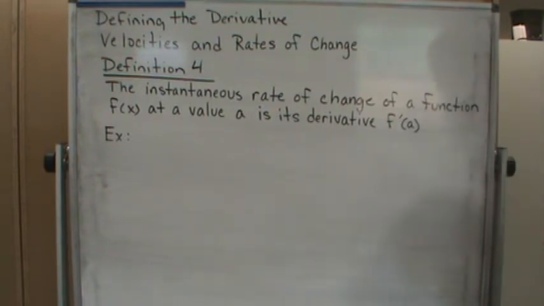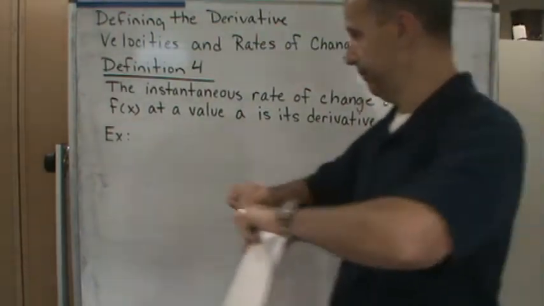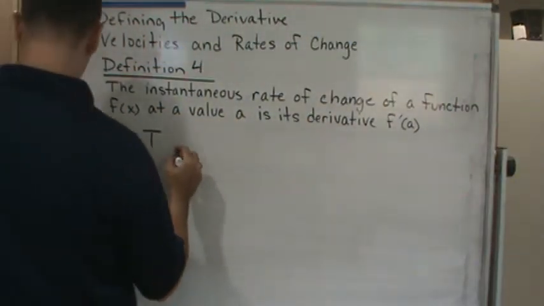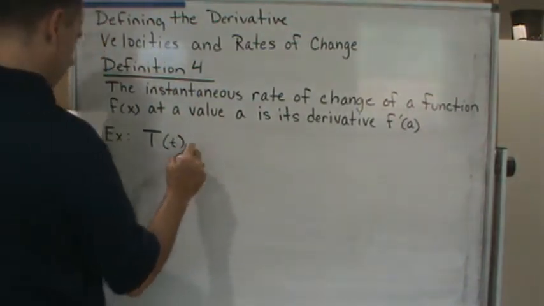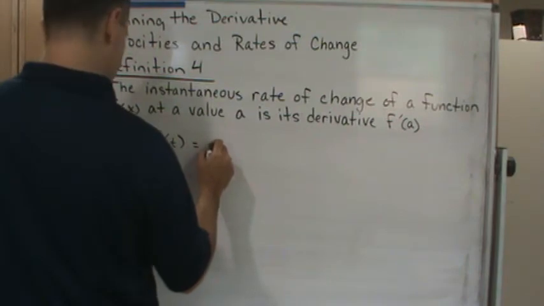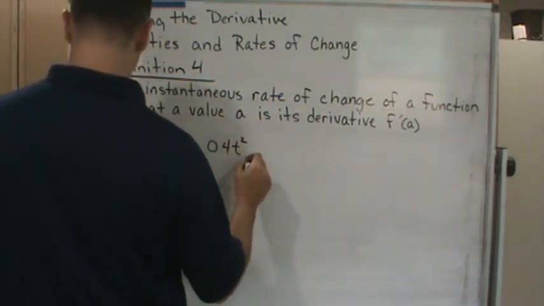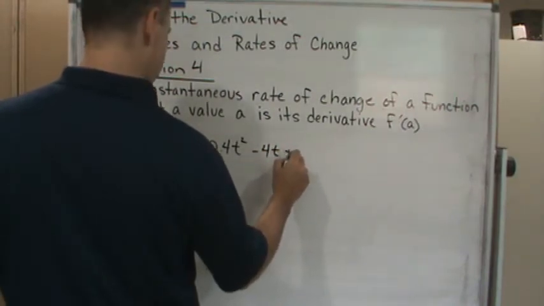Suppose that the temperature in the house is given by the following function. This represents the temperature in the house at time t, equal to 0.4 t squared minus 4t plus 70.